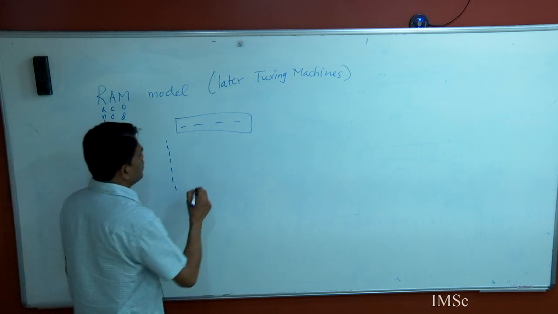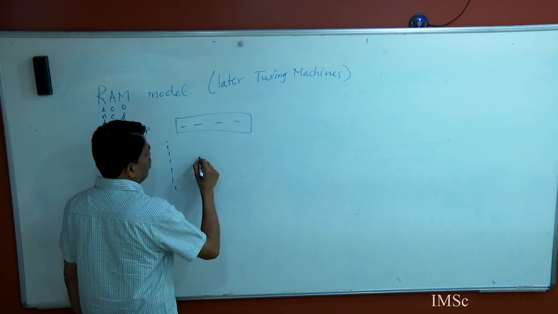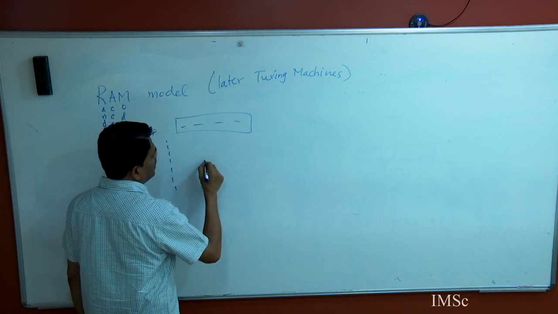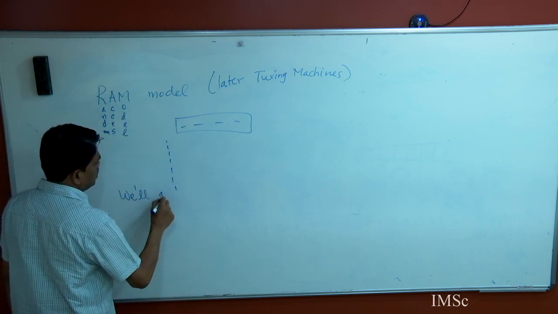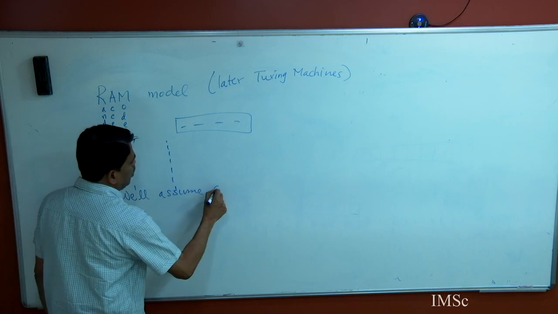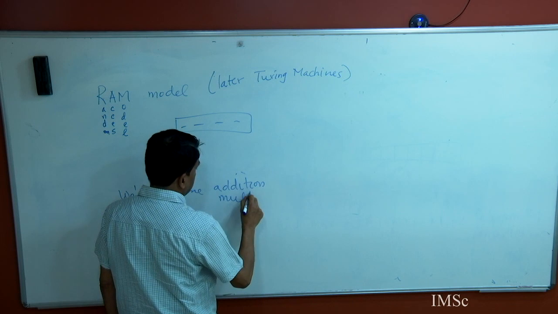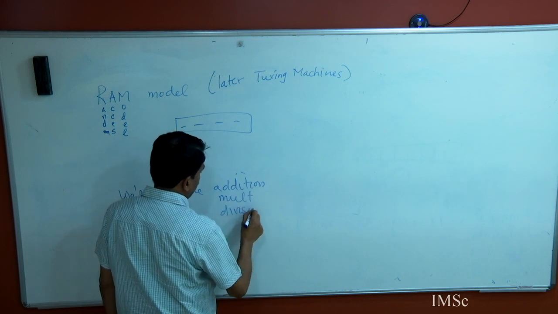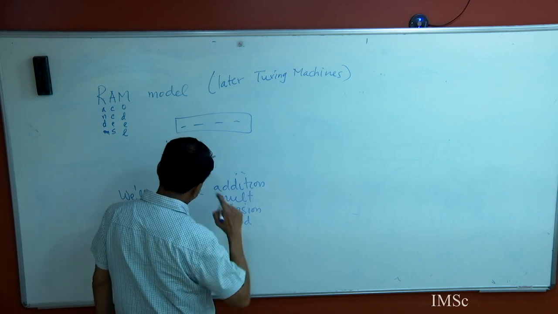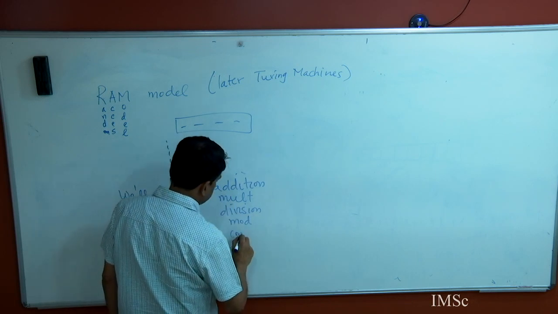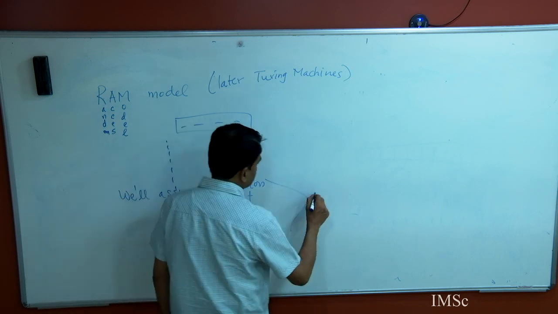Now, what is time? I want to mention that typically we will assume addition of two numbers, multiplication, division, mod, comparison operation, where I take these two numbers and compare them, can all be done in constant time.